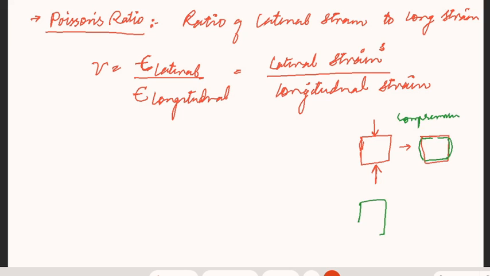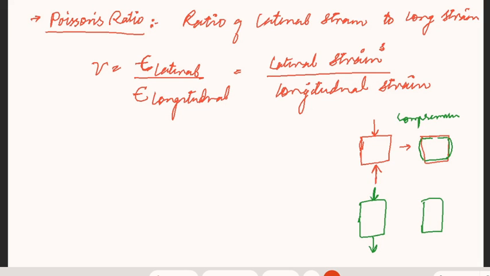And when you apply tensile forces, what will happen?